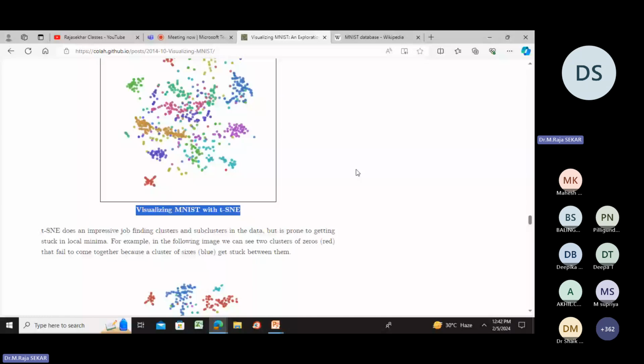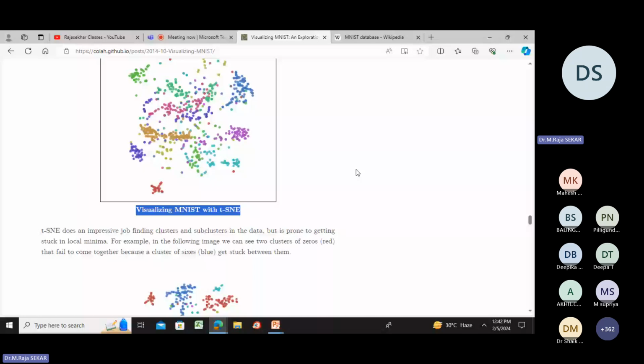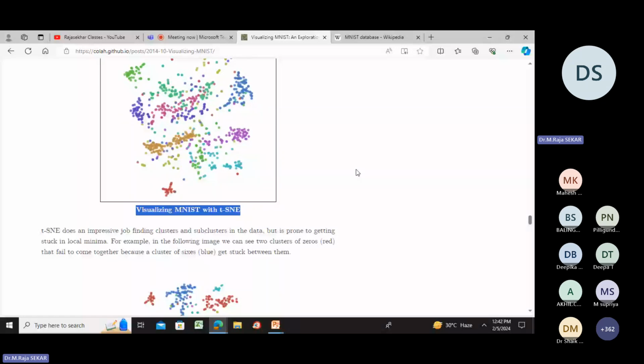In that PPT, I'm showing just one particular instance of output, isn't it? In the case of MNIST with t-SNE, of course, what is t-SNE? I will explain. After some stage the pixels are getting separated. Just see, these pixels are related to 7. They are coming into one position.